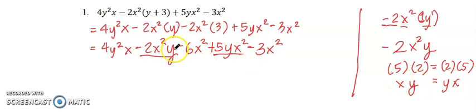So they are the same. They are like terms. And again, the numerical coefficients may vary, so that's okay. We can combine them, and let's now proceed to our next term. We have negative 6x squared, and we have another x squared here. So we can combine these two. Okay, we are done going through all of the terms.